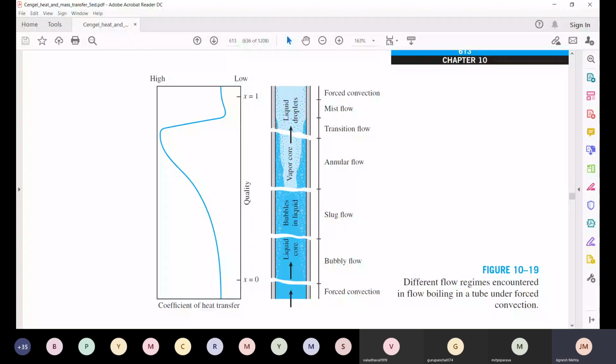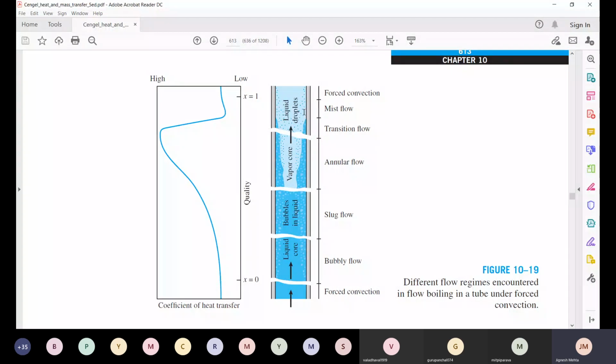So there is a very dynamic phenomenon happening. That's transition flow. During this flow, because now a large fraction of the surface is being covered by the vapor, which is a bad convector and conductor, the heat transfer coefficient drops drastically in this transition flow and reaches a minimum value.